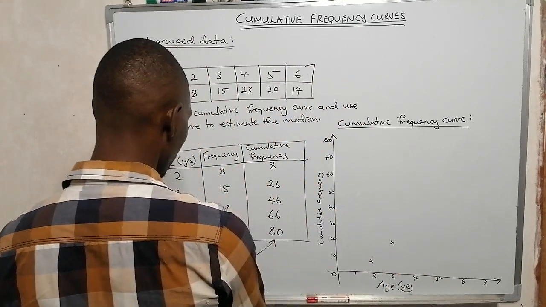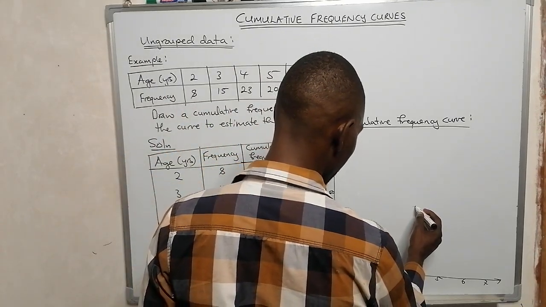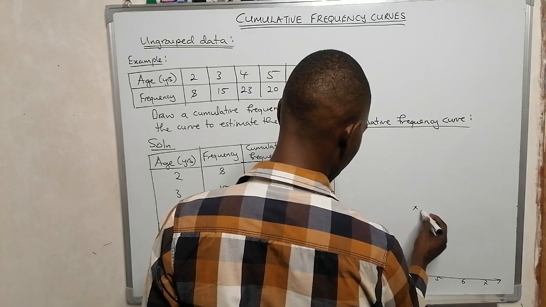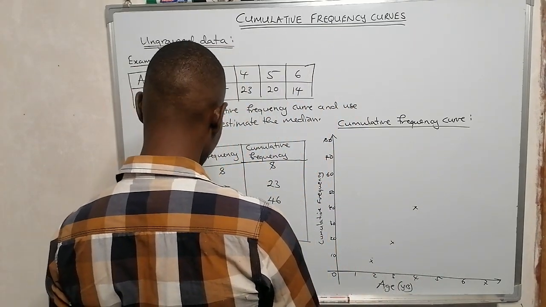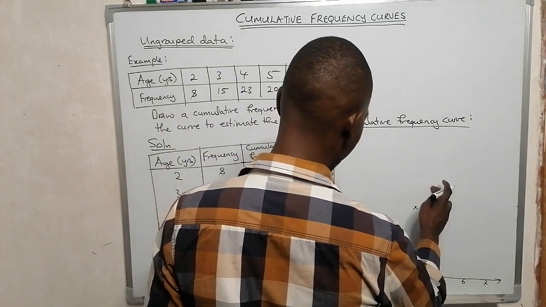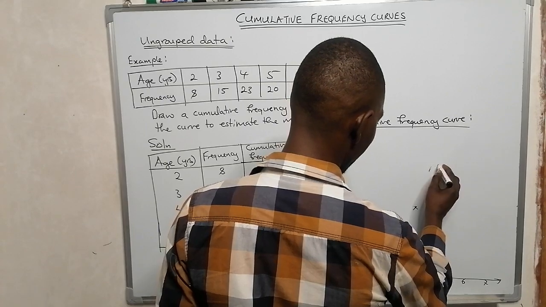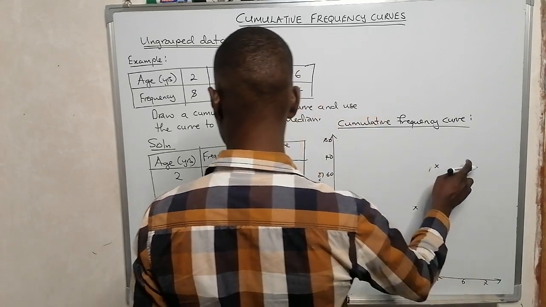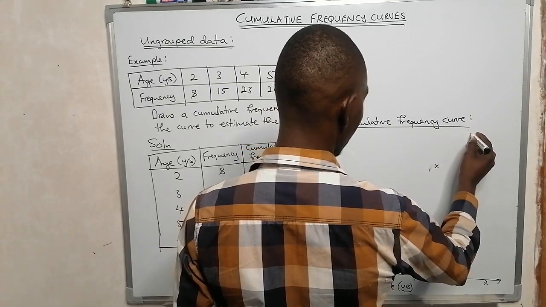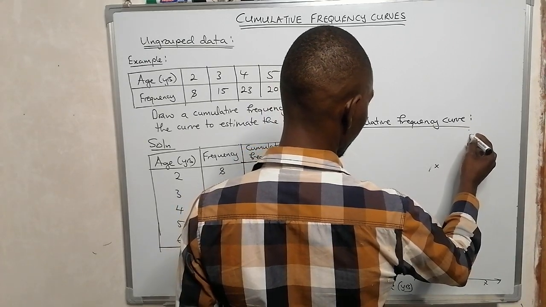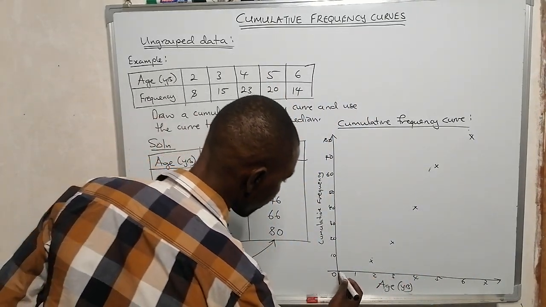Then 4 and 46. We also put a star. Then 5 and 66. Then 6 and 80. Now we plot our cumulative frequency curve from 0.